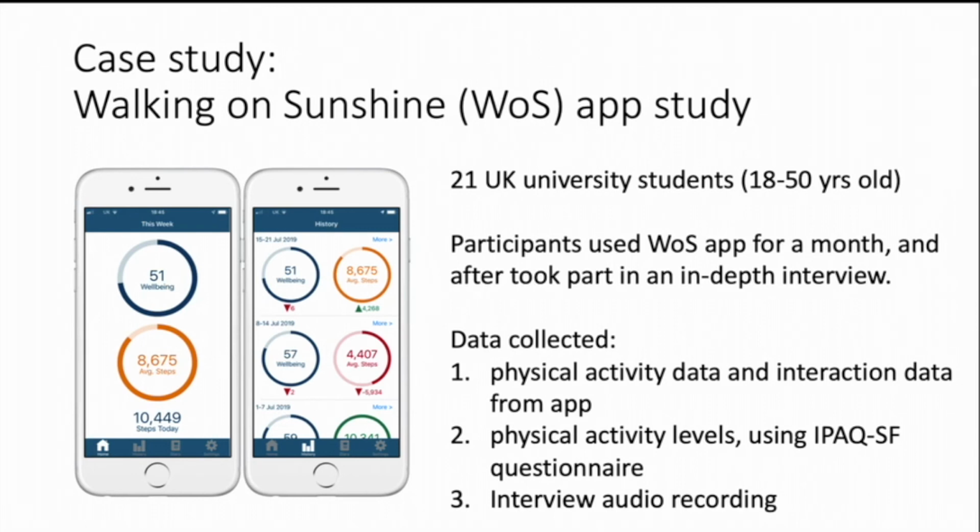We also asked participants to fill out a standardized scale for their physical activity levels called the IPAQ short form. The mental well-being scale in the app was also a standardized survey scale. And of course, we had the interview audio recordings.